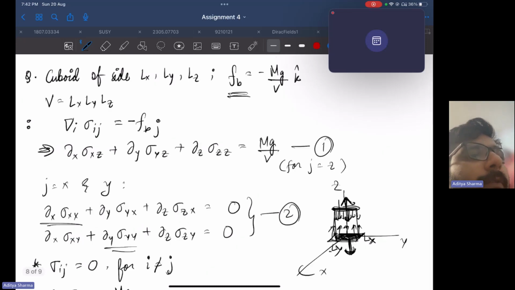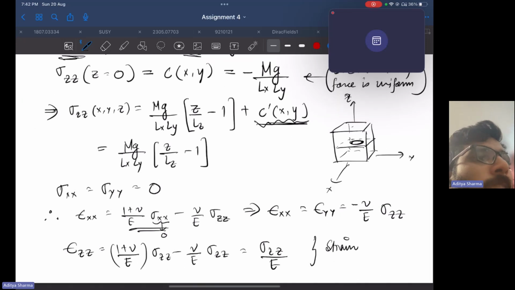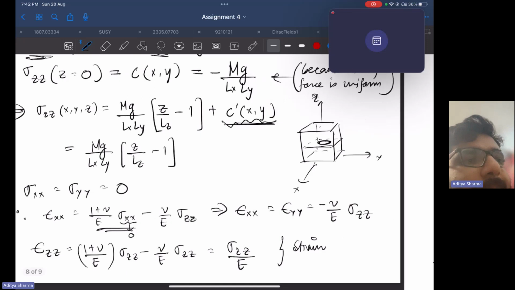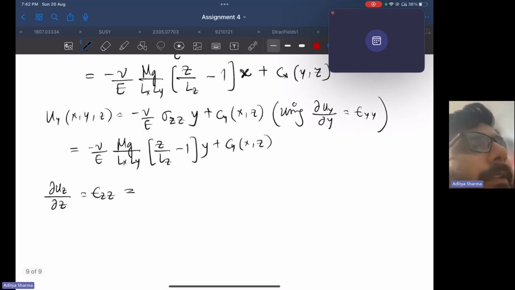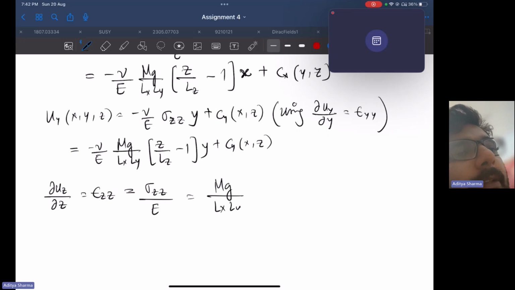This is equal to σzz by E. And σzz, as we know, is mg by Lx Ly, z by Lz minus 1.